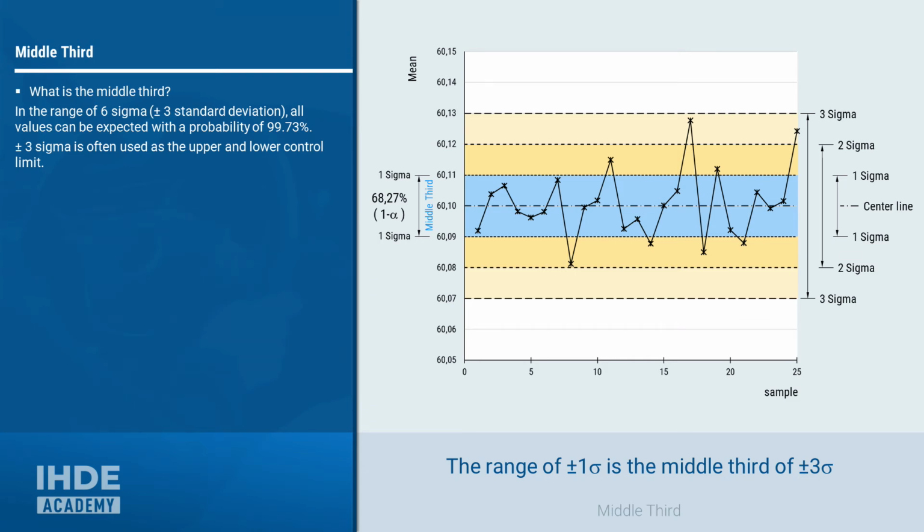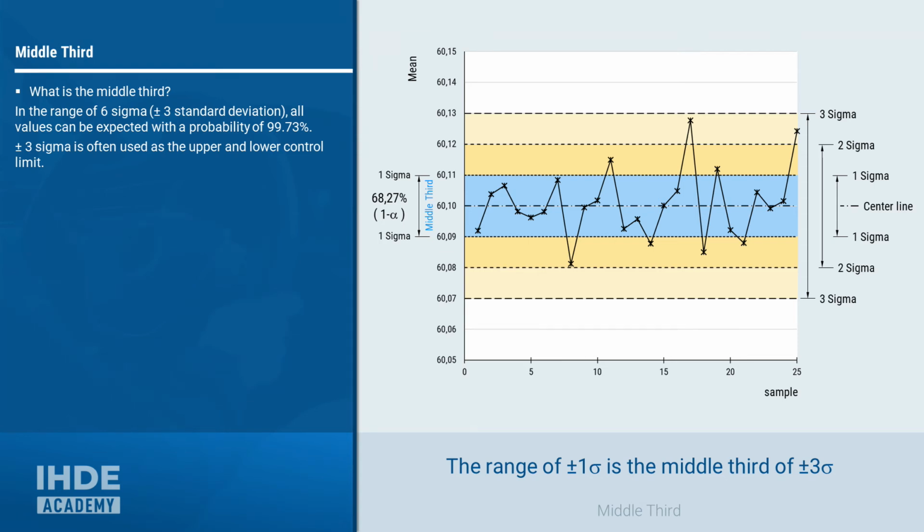The middle of the value curve, this is the process location, is at the value 60.1 mm. The values of the samples scatter around the center line. As explained in an earlier lesson, in the United States, the warning limits and control limits are set at multiples of the standard deviation.